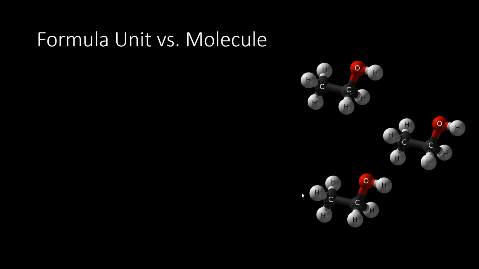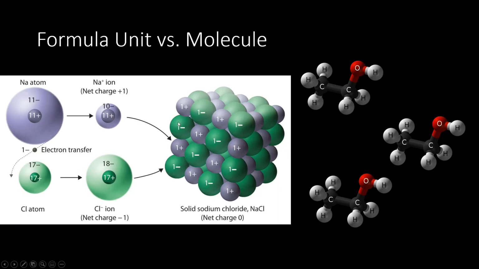A formula unit versus a molecule. We will experience this in class, but basically, a molecule is a freestanding, independent assortment of atoms that are bonded together. A formula unit, because there's sort of a magnetic attraction between the pluses and the minuses, goes on and on forever and doesn't stop.